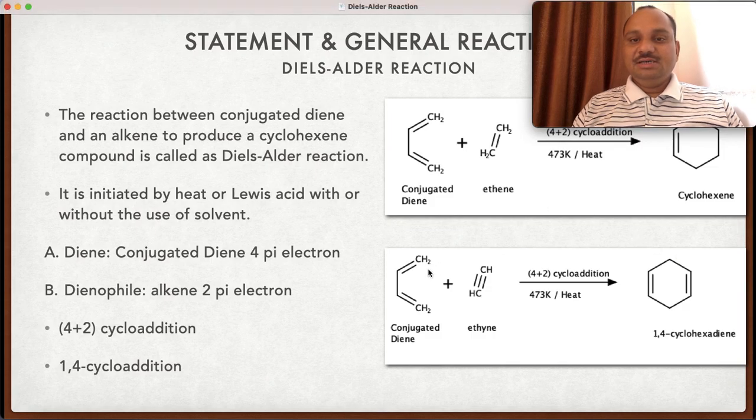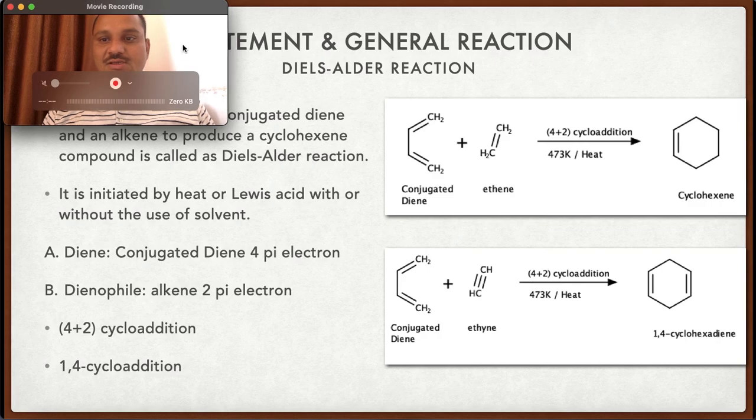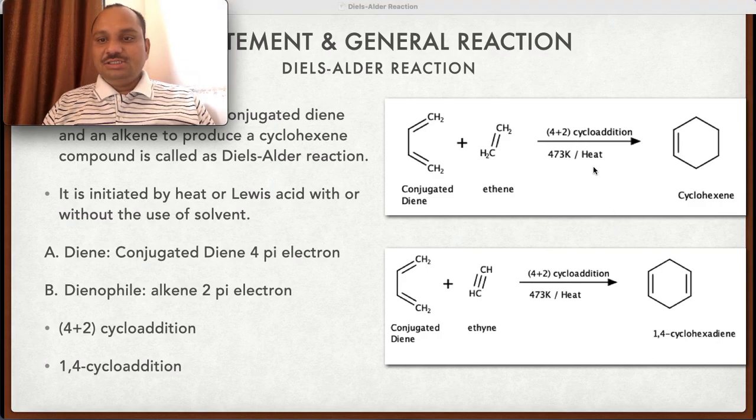The simplest example is 1,3-butadiene, CH2=CH-CH=CH2. On treatment with ethene, CH2=CH2, at 473 Kelvin, on cycloaddition it forms the cyclohexane.